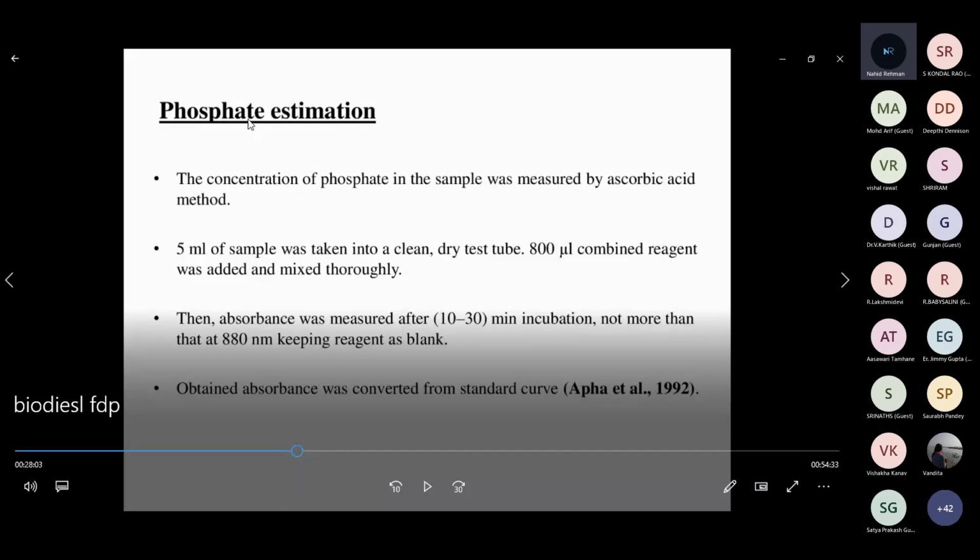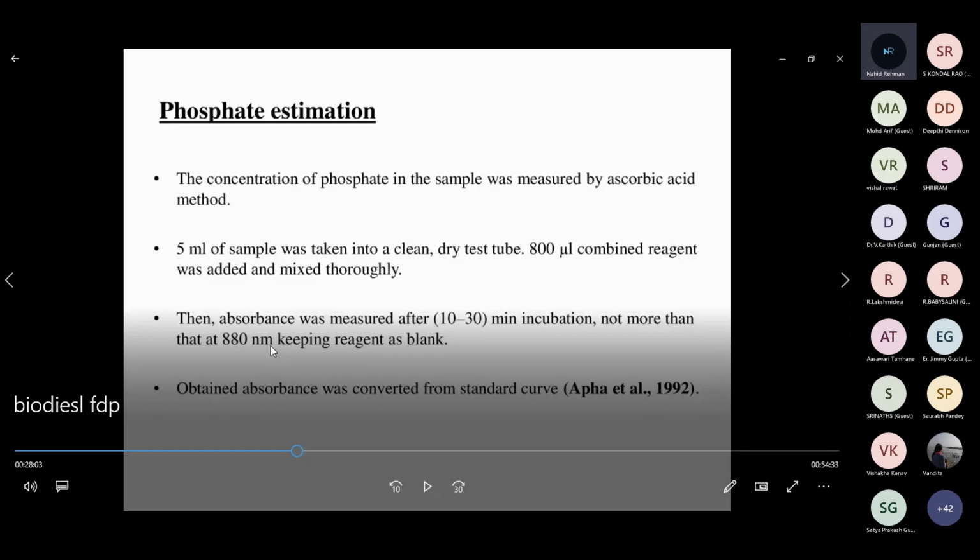Looking at another factor estimation, which is phosphate estimation, this is estimated by another method called the ascorbic acid method. So 5 ml of sample is taken in a clean dry test tube and 800 microliter reagent is added and mixed thoroughly, and the absorbance is measured after 10 to 30 minutes at 880 nanometer.